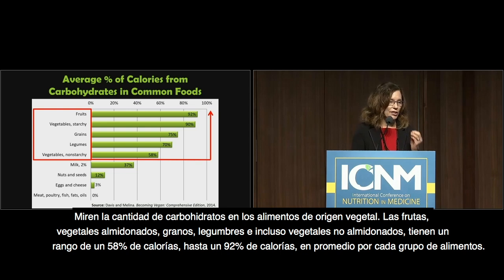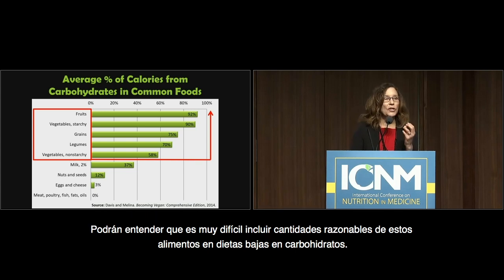Look at the amount of carbohydrates in plant foods. Fruits, starchy vegetables, grains, legumes, and even non-starchy vegetables range from a low of about 58% of calories to a high of about 92% of calories on average within each food group. So you can see how difficult it would be to include reasonable amounts of these foods on a low carbohydrate diet.